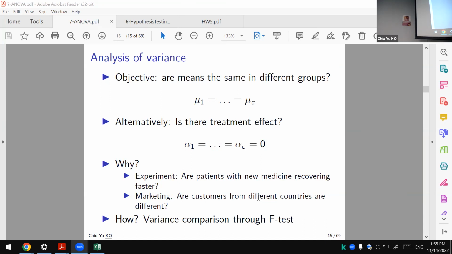Do note that if C is 2, only 2 groups, ANOVA goes back to the t-test you learned. You can check later how to do it in Excel; the result you get from the t-test on 2 groups is the same as the F-test. But if you have more than 2 groups, then the F-test is used.